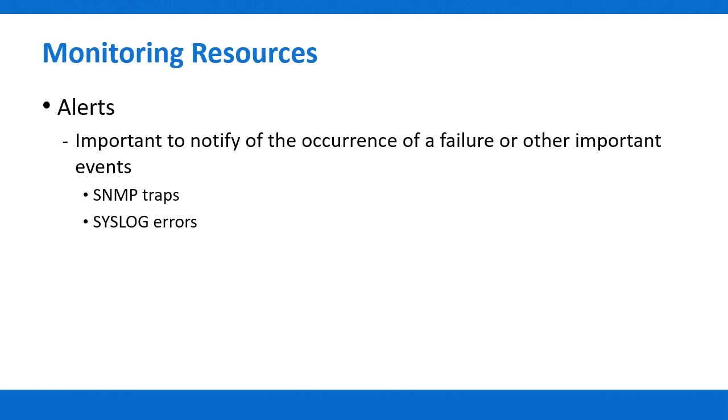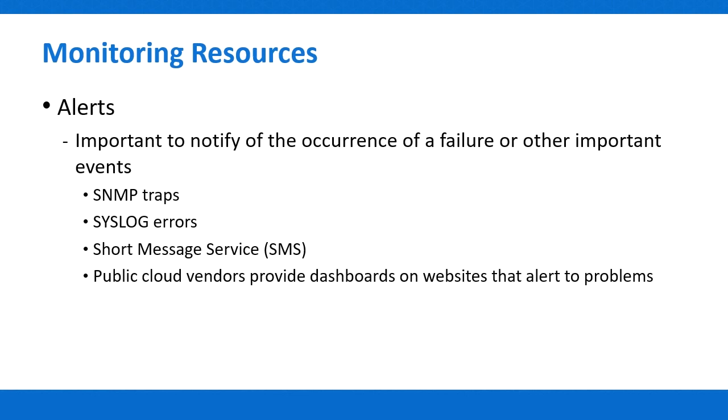Okay, we've also got the SNMP traps and syslog errors, things that we had already mentioned. You have short message service or SMS, and even SMTP email message notifications. And there are public cloud vendors that will give dashboards on websites alerting to problems. So, those are the different options.